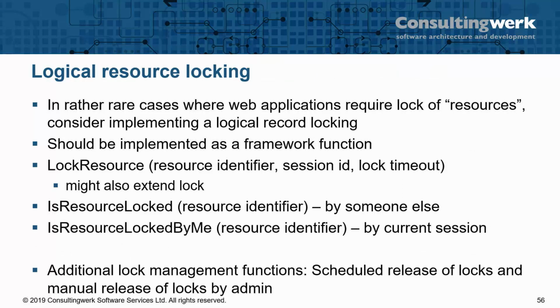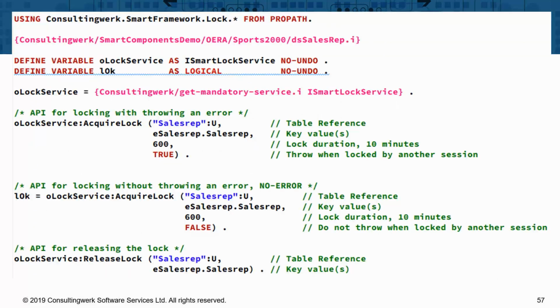Yeah, and in some cases when we need this locking of resources, which could be a single record or access to a function, what we very often implement is some sort of logical locking. That just means within the application or the application framework, we have a functionality that allows us to lock records, and it might look like this.